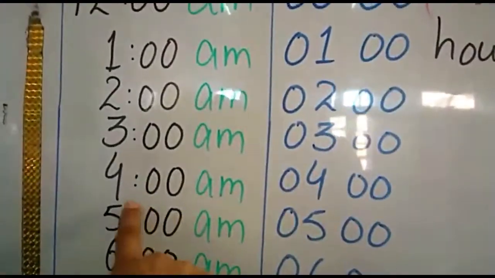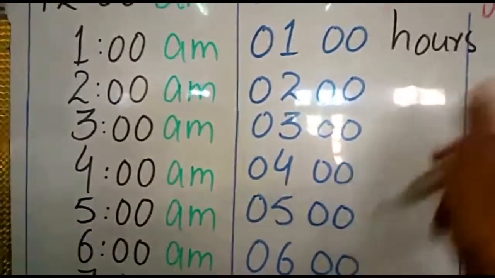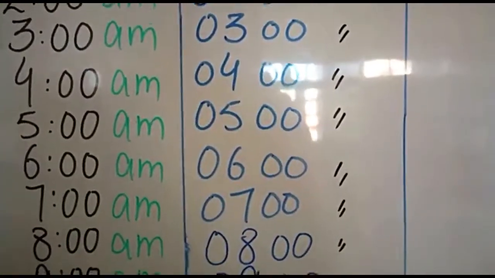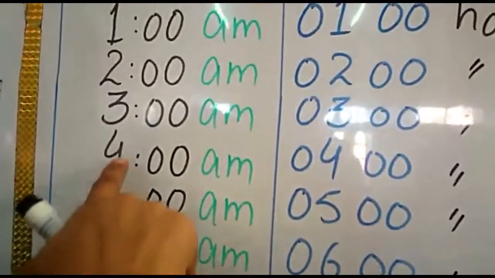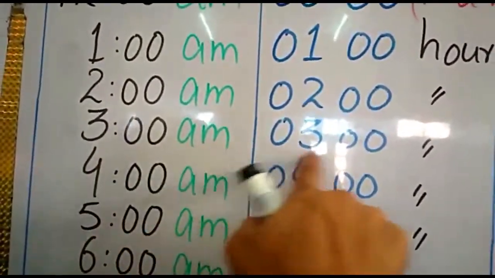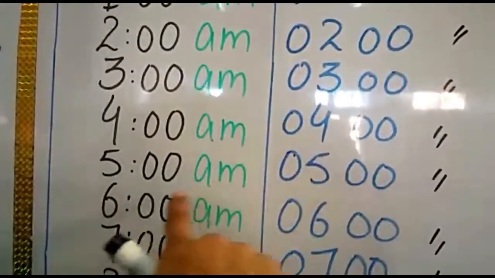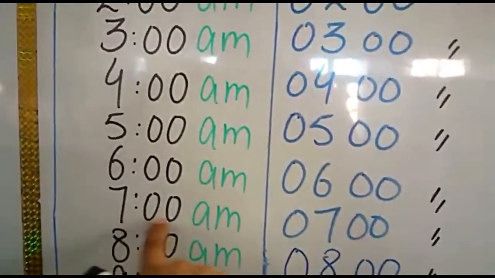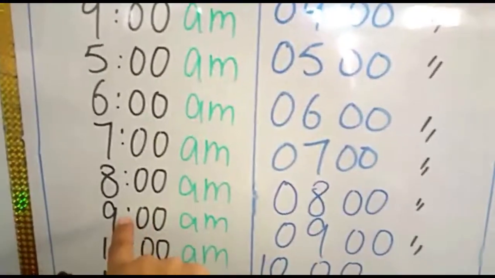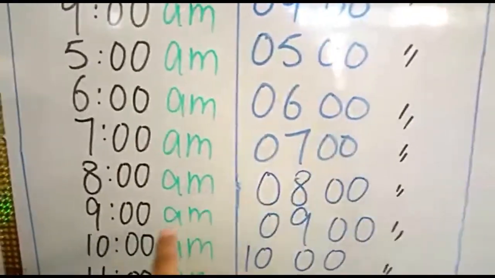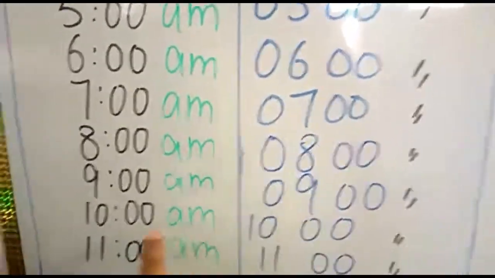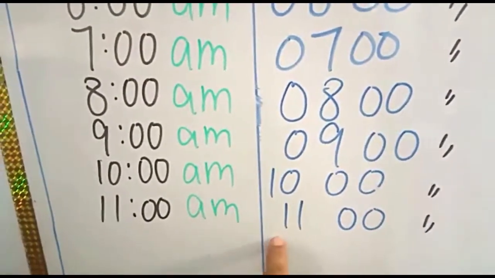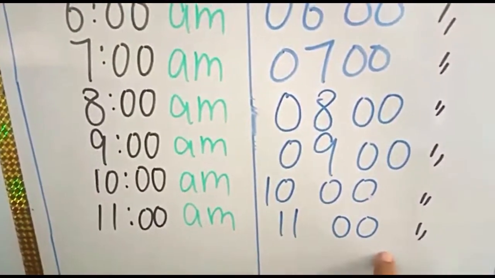We will read them as it is. 3 a.m., 3 hours, 4 a.m., 4 hours, 5 a.m., 5 hours, 6 a.m., 6 hours, 7 a.m., 7 hours, 8 a.m., 8 hours, 9 a.m., 9 hours, 10 a.m., 10 hours. Now, 11 a.m. is equal to 11 hours.